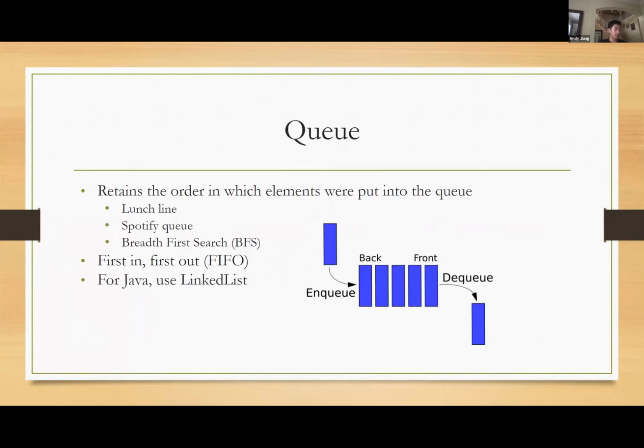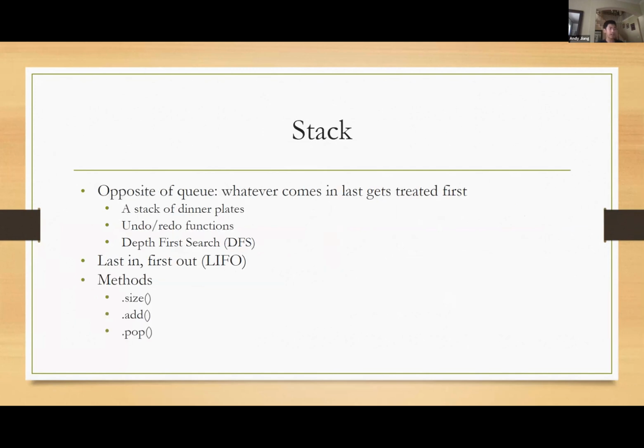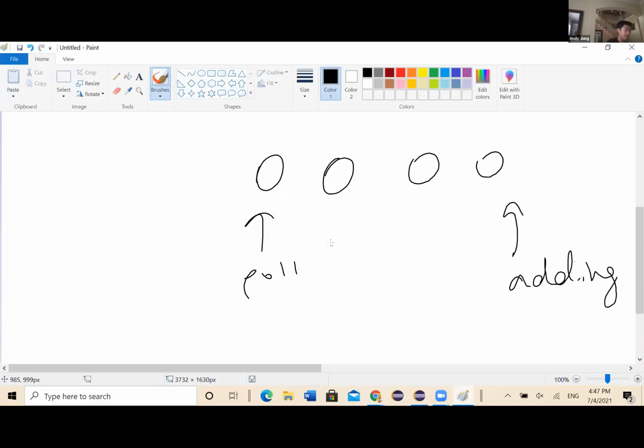All right. Now the opposite of a queue is a stack. So whatever comes in last in a stack gets treated first. And we can think of this as a pile of dinner plates. Your parents are washing, and you keep eating.